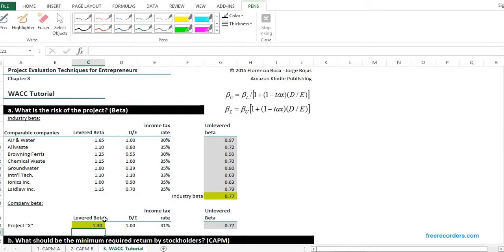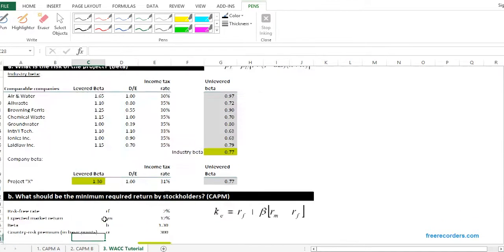Okay, 1.3, which means that this project is a little bit more risky than the average. Average would be 1. Okay, so we now have a beta for the project.